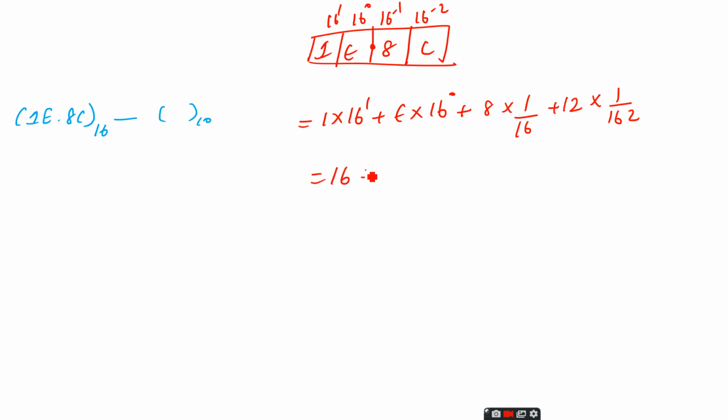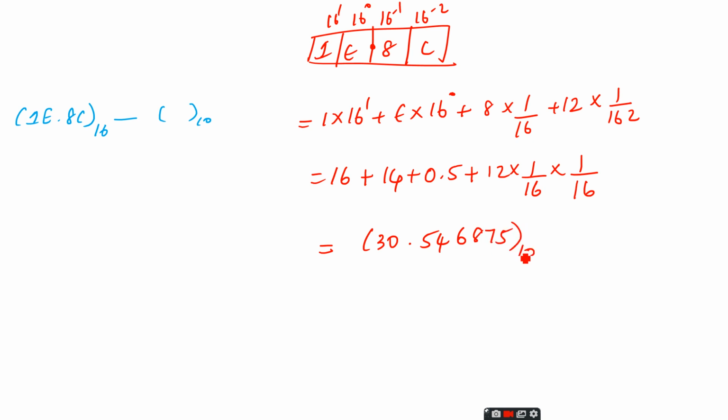So the answer will be 16 plus 14 plus 0.5 plus 12 into 1 by 16 into 1 by 16. Then the answer is 30.546875 base 10. This is the answer.